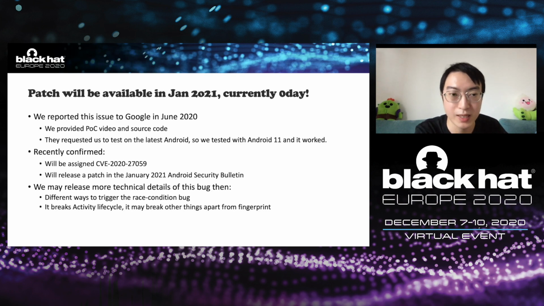Recently, we were informed that they will assign a CVE ID to this bug, and they plan to release the patch in January. After they release the patch, we may be able to disclose more details. Actually, we found several ways to trigger this race condition bug, and because this bug breaks the activity lifecycle, it may also break other things apart from the fingerprint hijacking attacks we presented here.